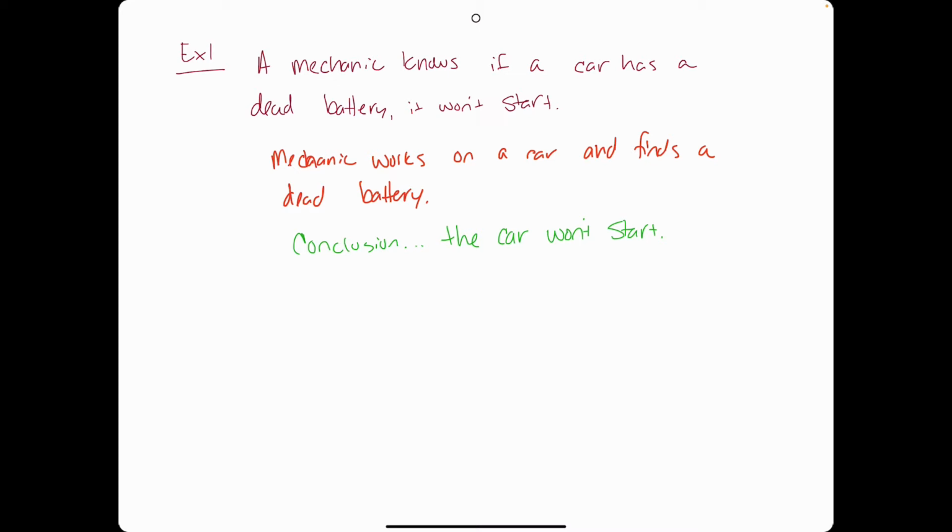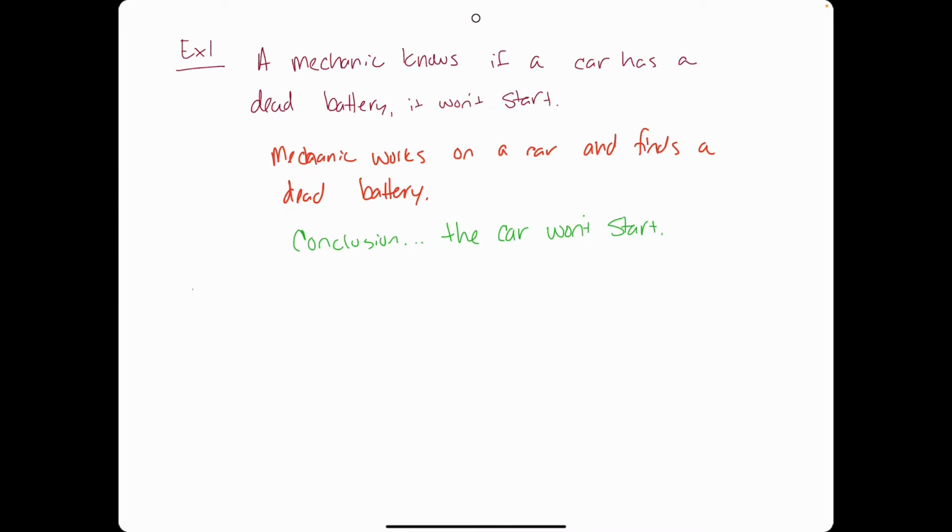So we can use this to then come up with something called the law of detachment. For the fun of it, again, change colors. Law of detachment. So a nice fancy name for something that's pretty easy.